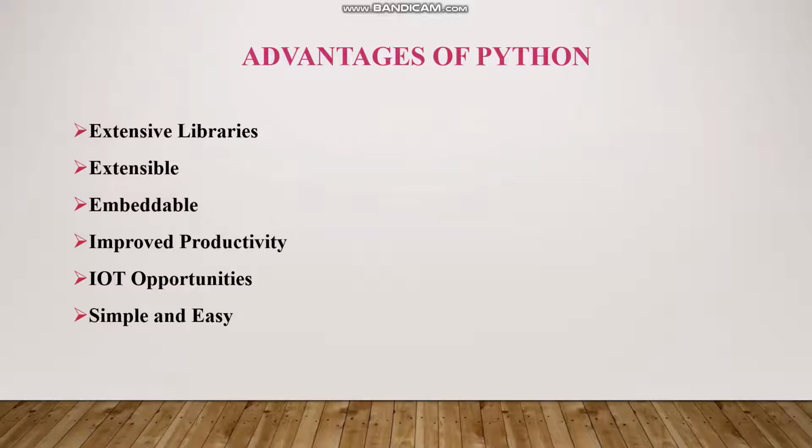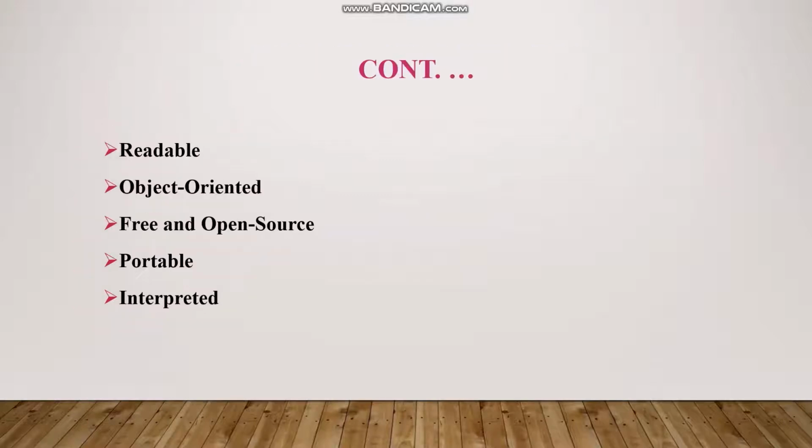Next, seventh one, readable. Python is much like reading English. This is the reason why it is so easy to learn, understand and code. It also doesn't need curly braces to define blocks, and indentation is mandatory.